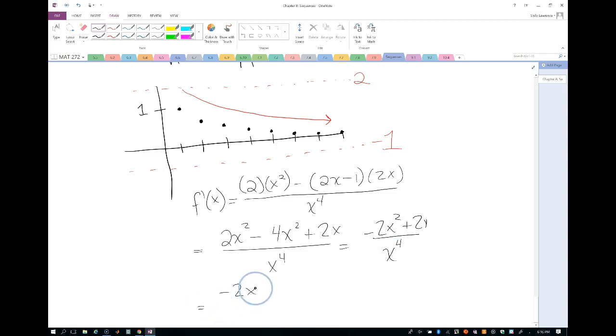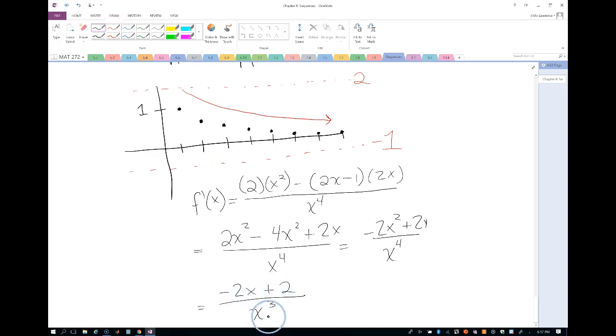So this is negative 2x plus 2 over x cubed. Now this is our derivative, and we can show that if we start with a value of 1 and increase from there, this is always going to be negative.